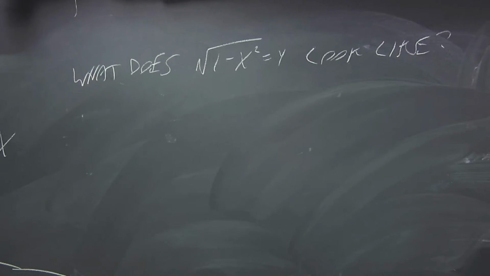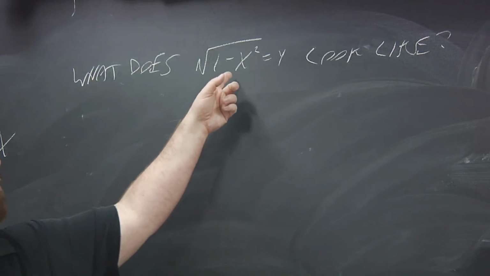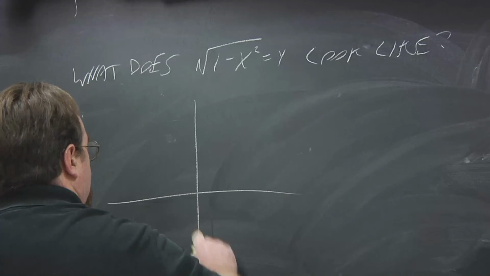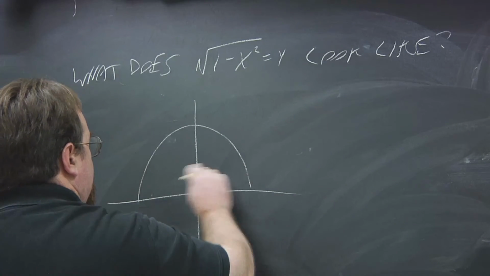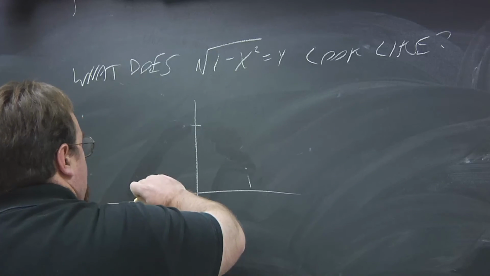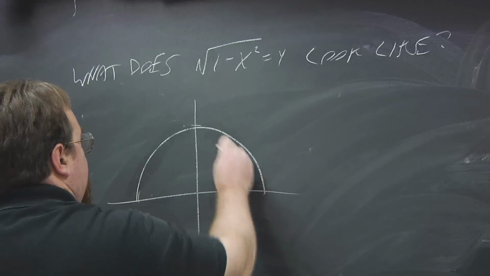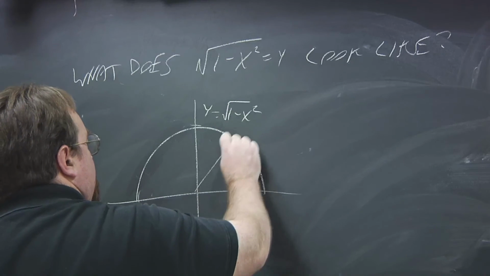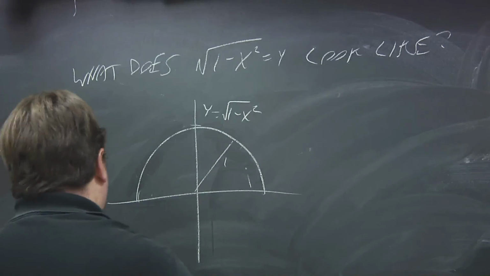Y is equal to the square root of 1 minus x squared instead of 1 minus x minus 1 squared. So if I were to graph this, what would it be? It would be the top half of a circle. The unit circle, radius 1. So this is y is square root of 1 minus x squared. Circle of radius 1, just the top half.